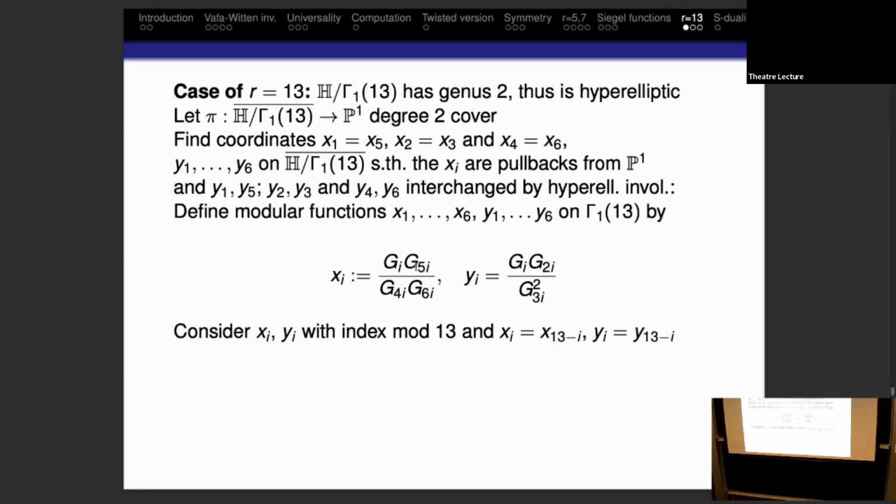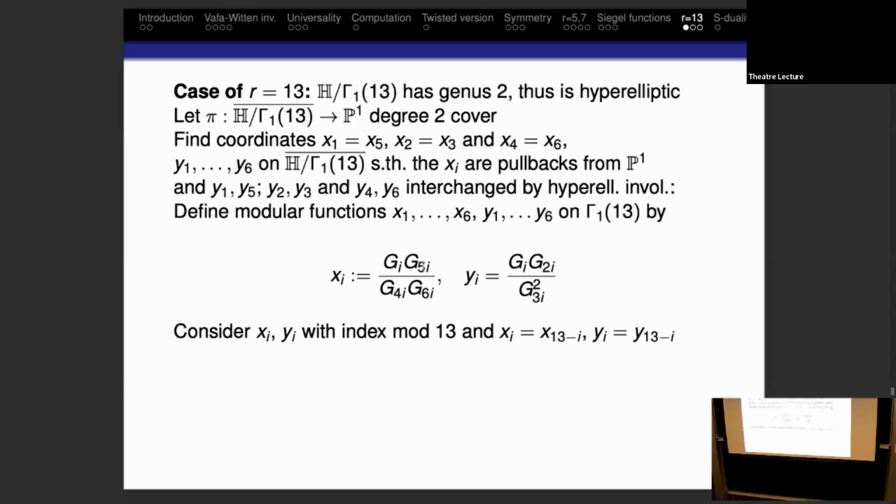Replacing i by 5i, I get obviously 25i. 25 modulo 13 is -1, and -1 gives me the same as +1, because we know that g_i is equal to g_{-i}. And the same is true for the denominator. So we have this way of writing all these things.